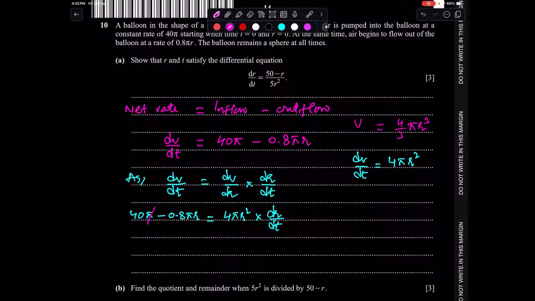So cancel this pi and this pi. So 40 upon 4r square will become 10 upon r square. 0.8 r upon 4r square will become 0.2 upon r. This is dr upon dt.